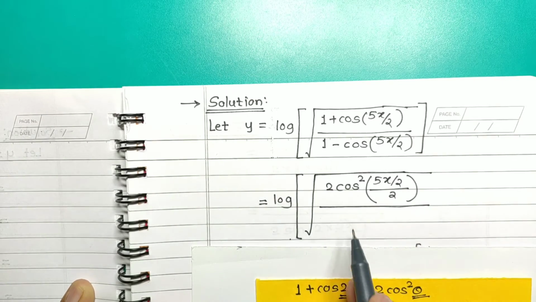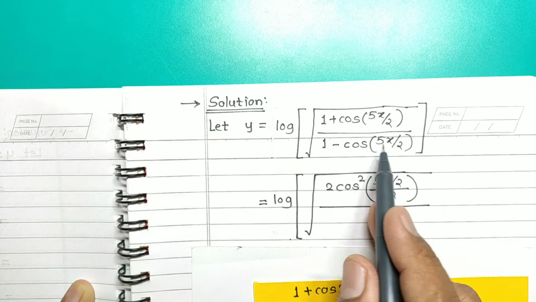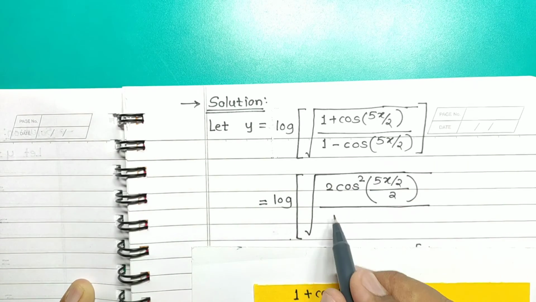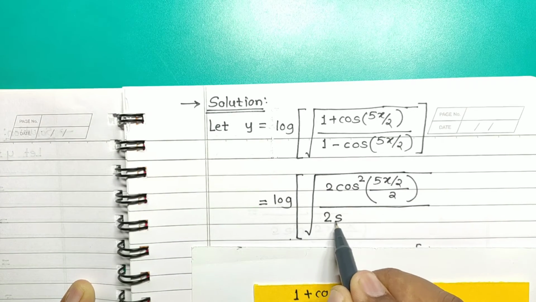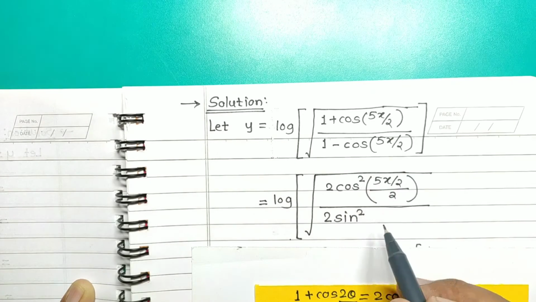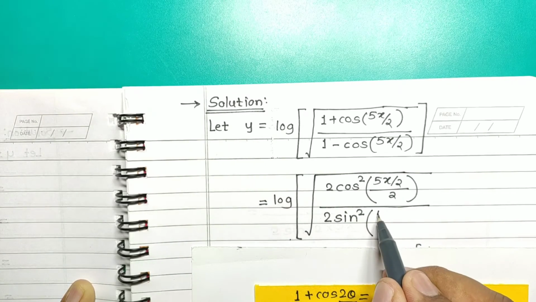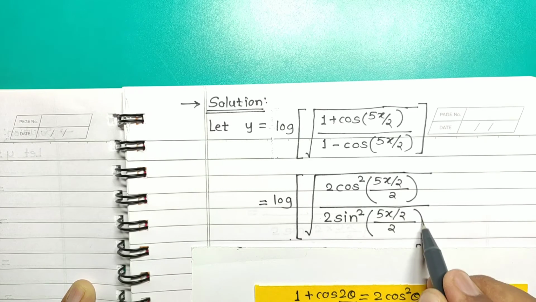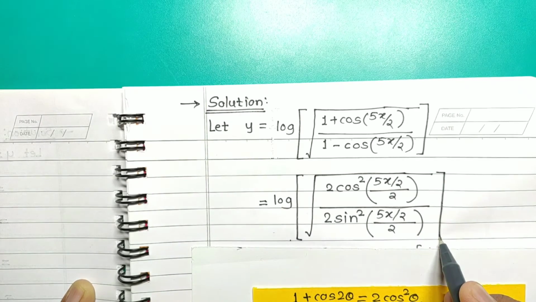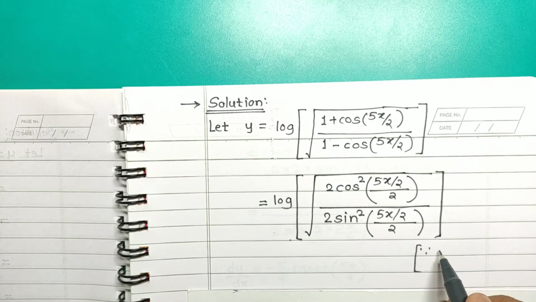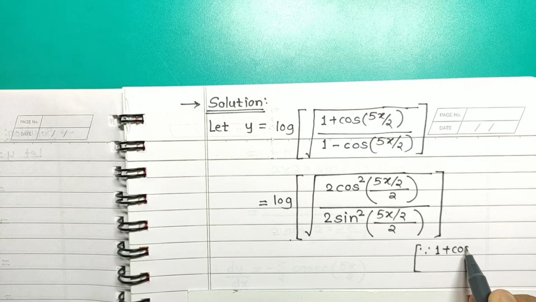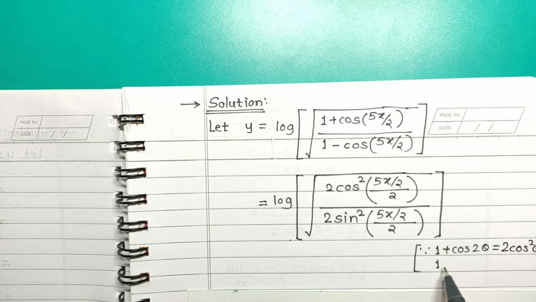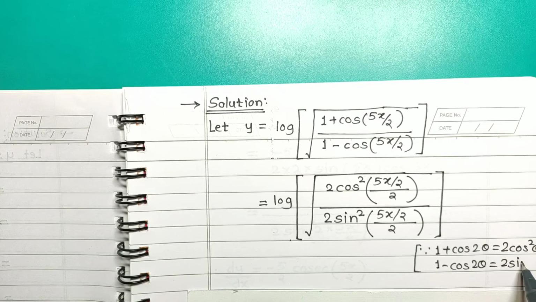Here 1 minus cos 2 theta is useful, so using this result we can write 2 sine square theta, where theta is pi x by 2 upon 2. So here we have used the results 1 plus cos 2 theta is equal to 2 cos square theta, and 1 minus cos 2 theta is equal to 2 sine square theta.